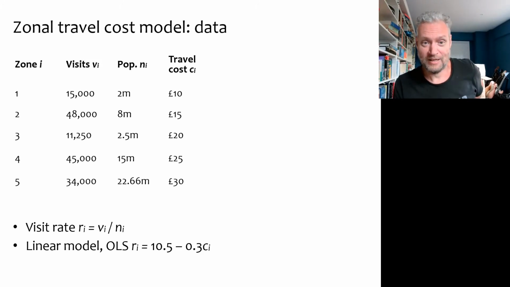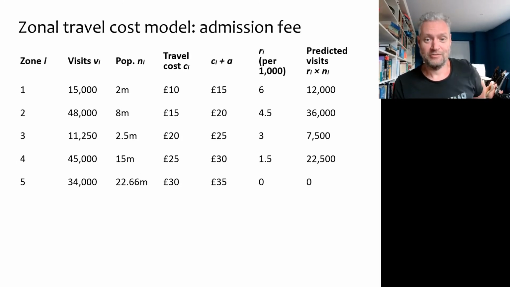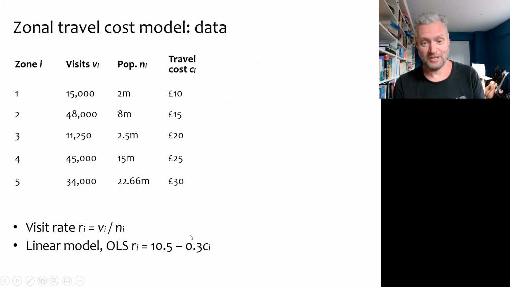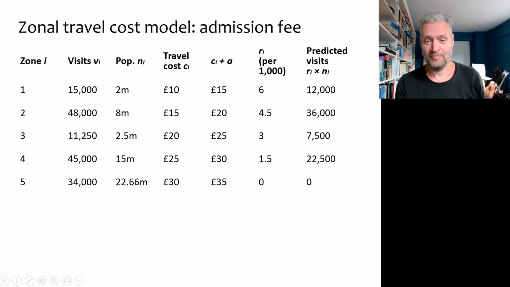And then you can play around with your travel cost. In this case, what we do is we impose a parking fee of £5 or an entrance fee of £5. And then what we have is that the R falls, right? C goes up, so R goes down.